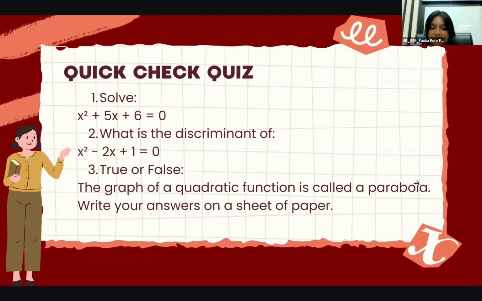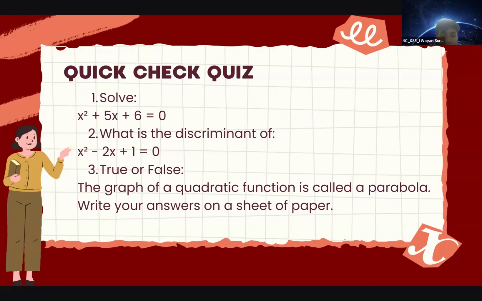Now, if you understand, let's do a quick check quiz. Question number 1. Solve x squared plus 5x plus 6 equals 0. X plus 2, x plus 3 equals 0. So x equal negative 2 and negative 3. Yes, that's correct. Question number 2 is what is the discriminant of x squared minus 2x plus 1 equals 0?